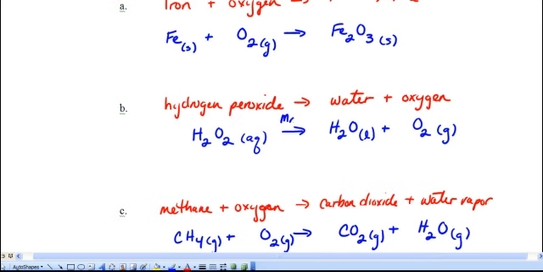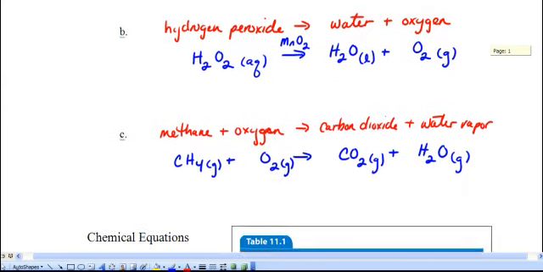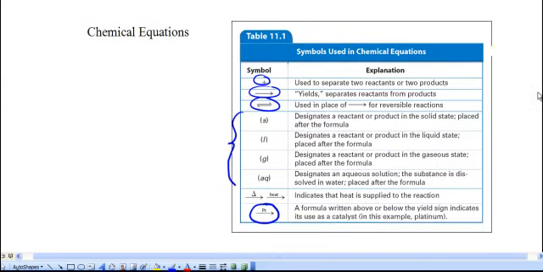One reaction in particular up here that does require a catalyst is the decomposition of hydrogen peroxide. We use manganese dioxide as a catalyst for that particular reaction, so we're going to put MnO2 over the top of the arrow. So there's our catalyst. Now, if you have to heat something up, you can put a triangle over the arrow or just simply write the word heat. And that's also designated down here at the bottom of this table. But none of the reactions above require that.